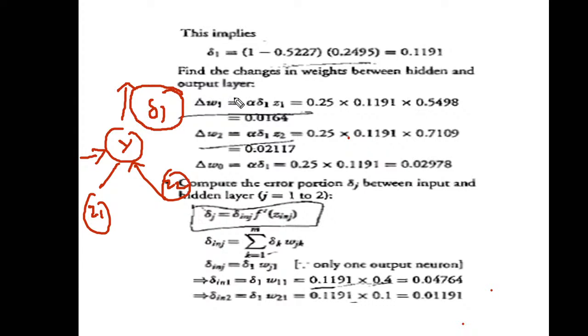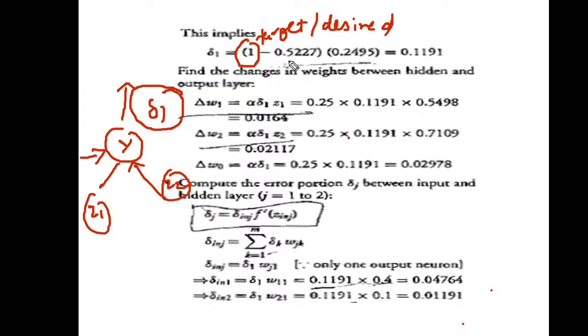The delta 1 can be calculated as the desired output minus the actual output. This is the target output, also called the desired output. So we can always get the error by subtracting the actual output from the desired output.